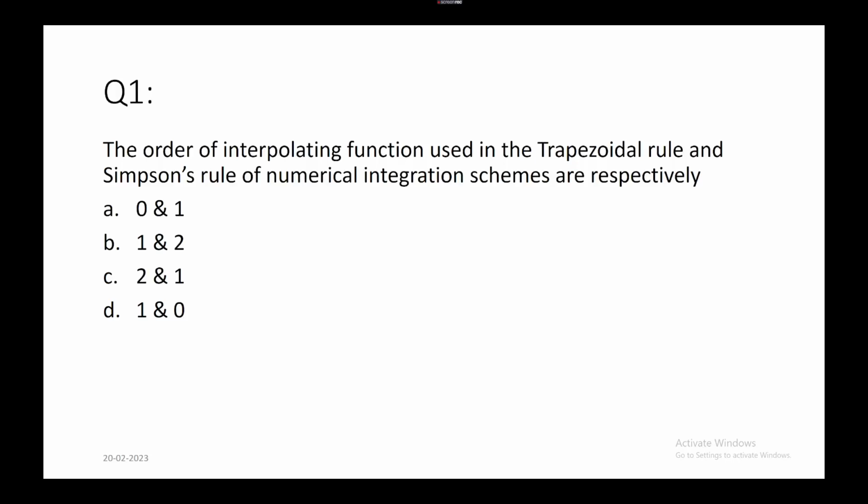Once again, I am repeating. We have two numerical integration schemes referred to here, the trapezoidal rule and Simpson's rule. In both cases, they use interpolating functions to calculate the integration. So what is the order of the interpolating function which is used?